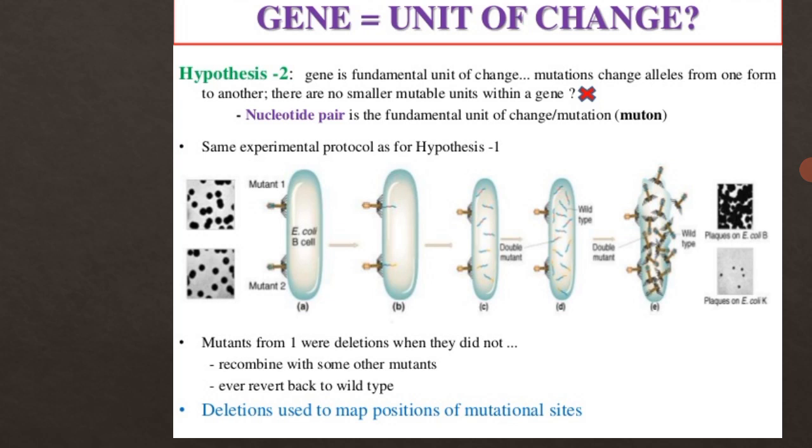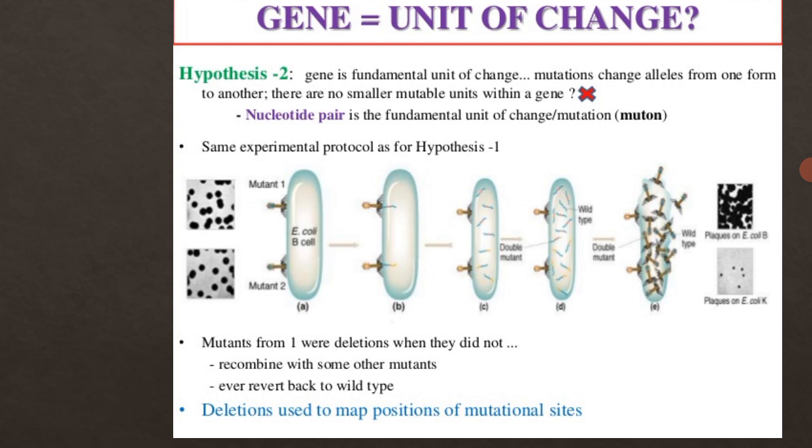Okay, now deletion mutations play a very important role in mapping genes. For example, imagine a sequence A, B, C and D. If we delete the A portion, then we can map the further sequence, right?